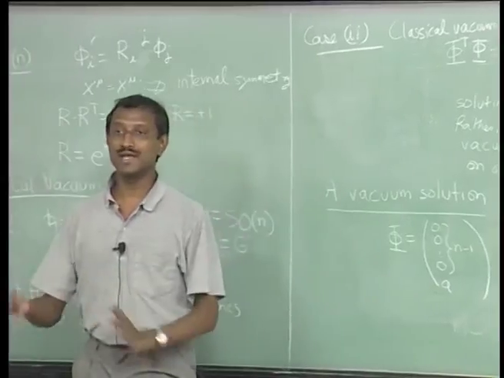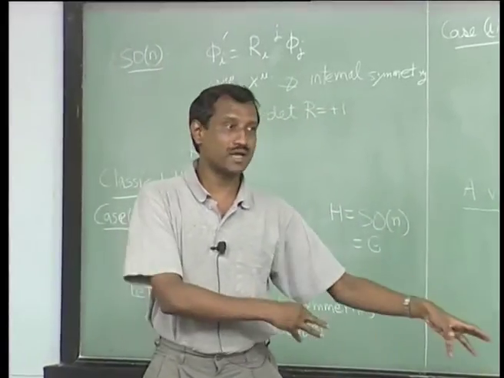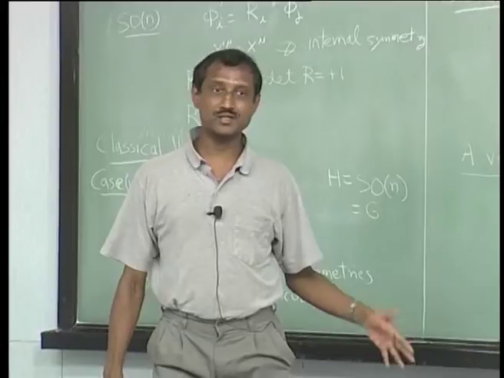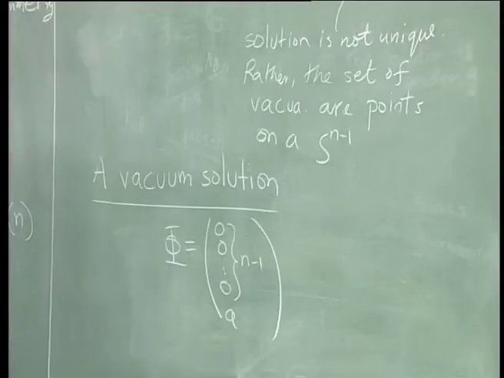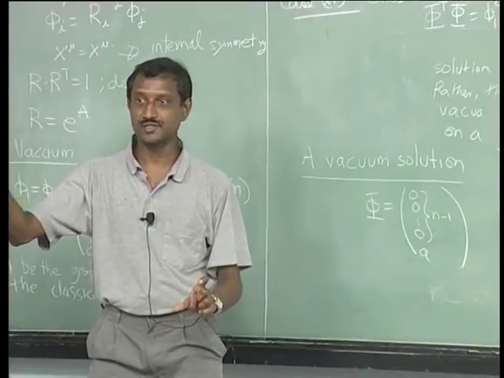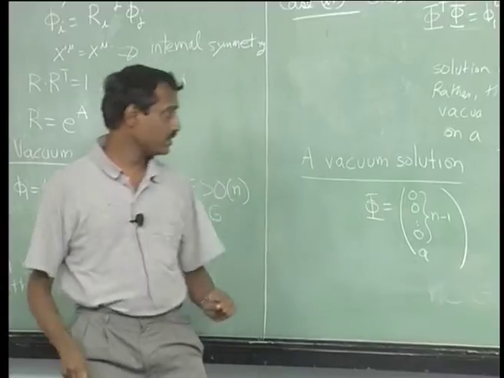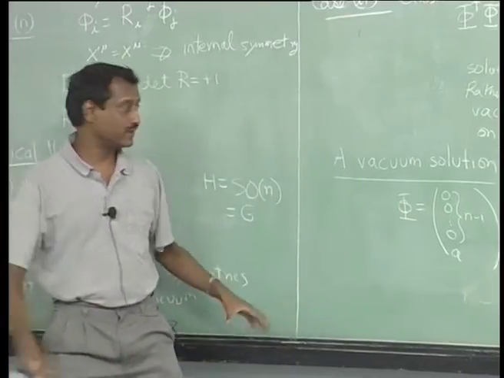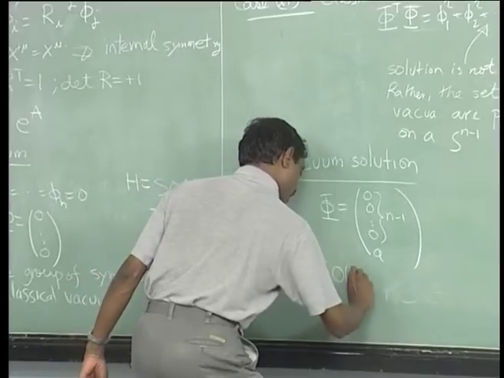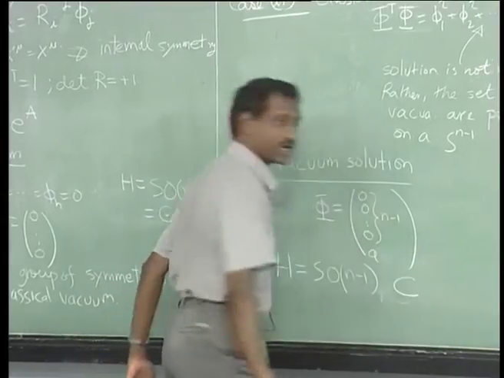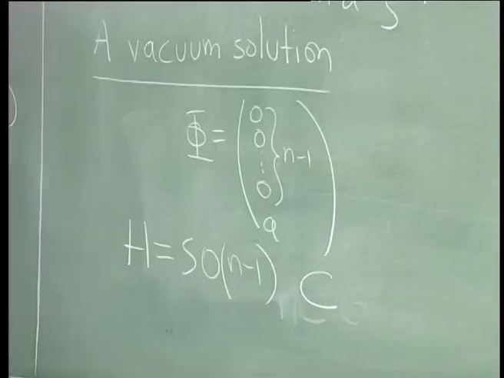That is SO(n minus 1), which will agree with the other case. In 3 dimensions it becomes SO(2). SO(2) is the one which mixes x and y, and leaves z untouched, for instance. So, in general you have to think of it in that fashion. So, H is very simple, it is SO(n minus 1), and clearly strictly a subgroup of SO(n).